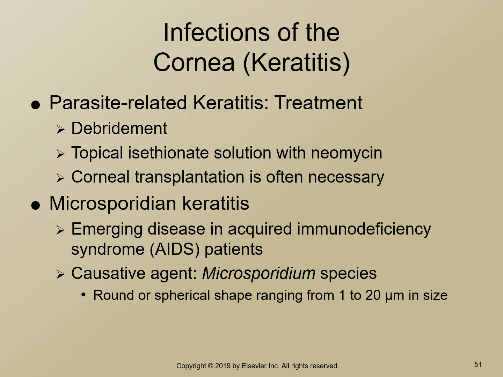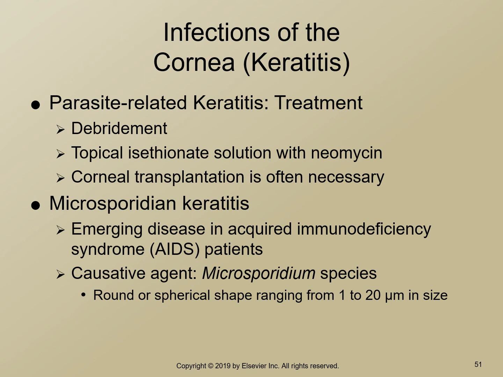The last type of keratitis discussed is microsporidial keratitis. So this is seen in immunocompromised patients such as those with AIDS, and it's a disease that's appeared fairly recently. Microsporidia is usually associated with contact with bees or other insects, and the organism is an intracellular spore-forming protozoa.